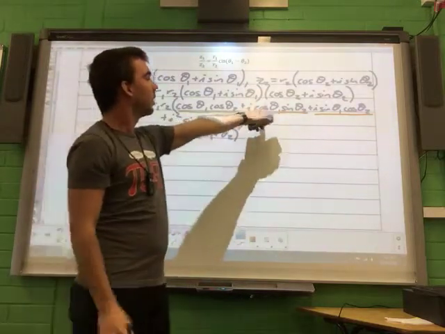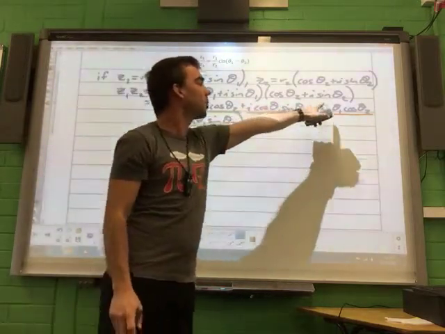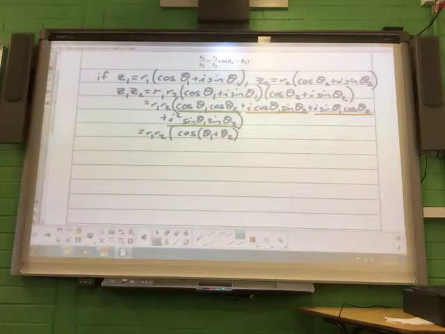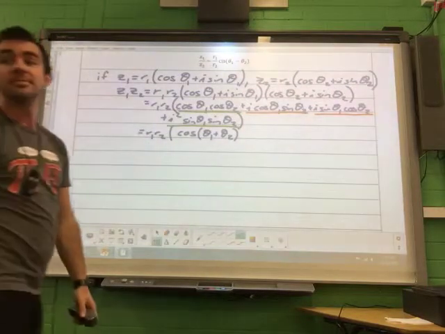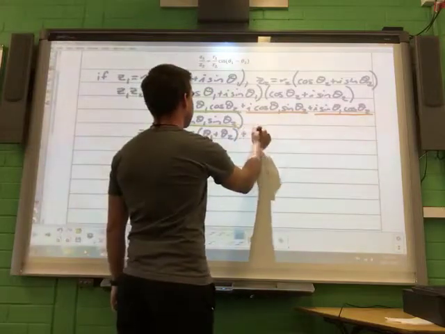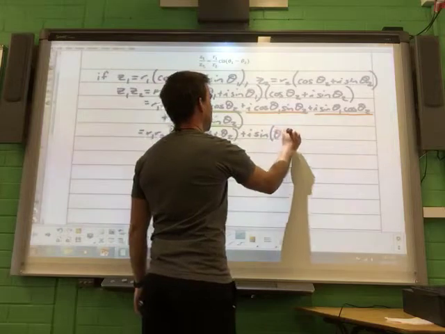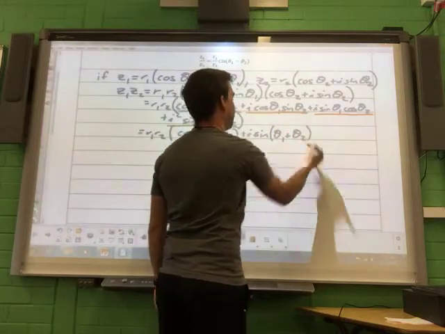And cos theta 1 sine theta 2 plus sine theta 1 cos theta 2. I've seen that one before as well, haven't I? What's that? i sine of theta 1 plus theta 2.